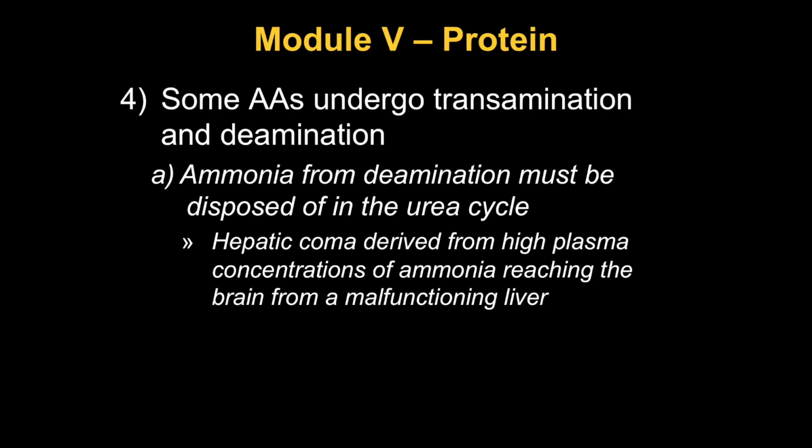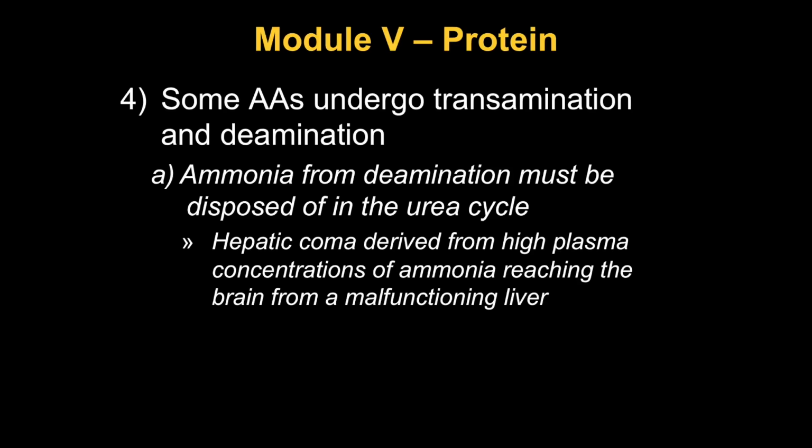Liver failure can cause basically a hepatic coma from ammonia levels reaching so high in the blood that it causes the brain to shut down. So thank your liver for everything that it does, including deamination of amino acids.